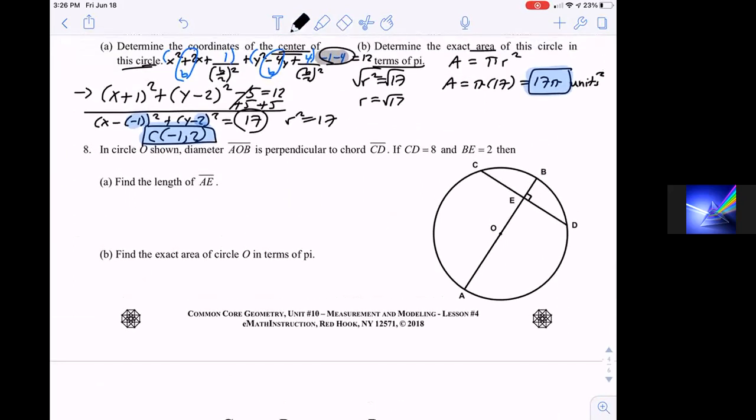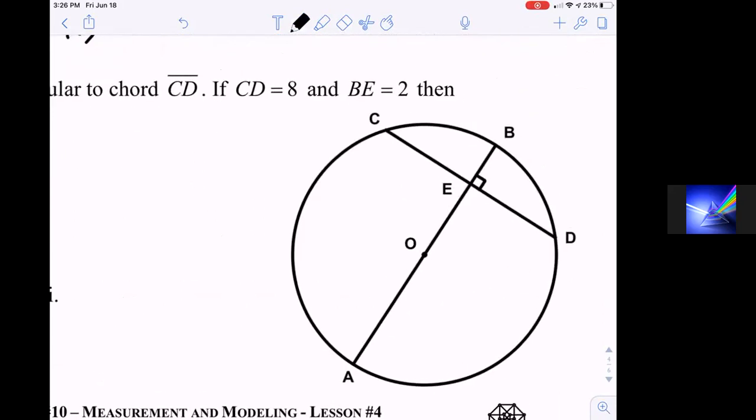Okay, and lastly, in number 8, we have a circle O shown with diameter AOB perpendicular to chord CD. Now, if it's perpendicular to chord CD, notice chord CD has been bisected into this segment CE and this segment DE, equal length, right?